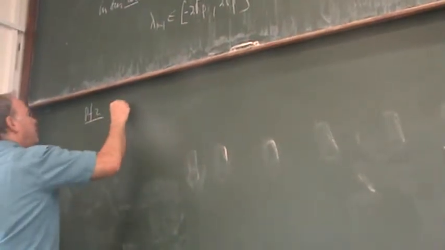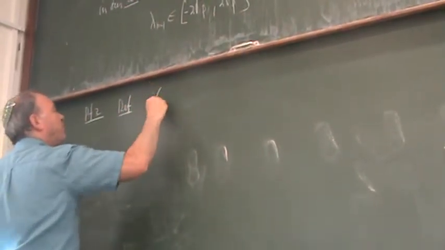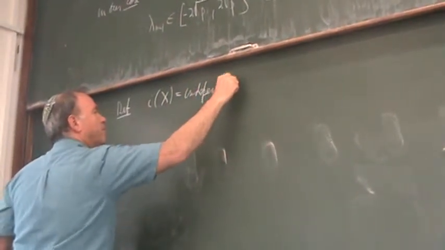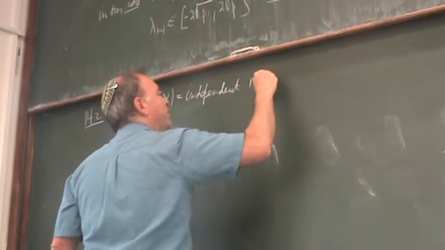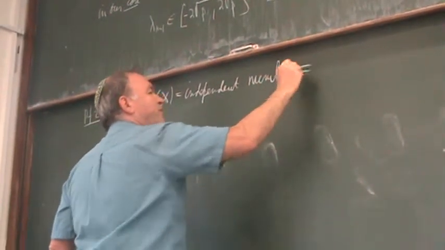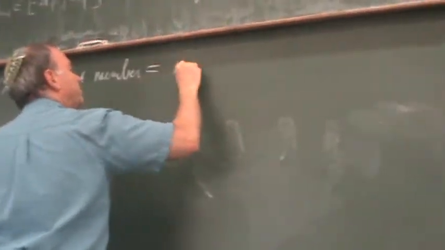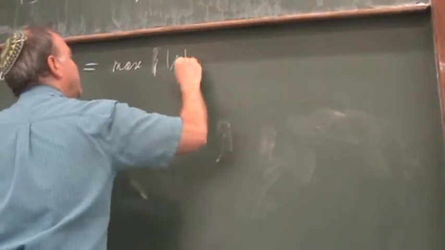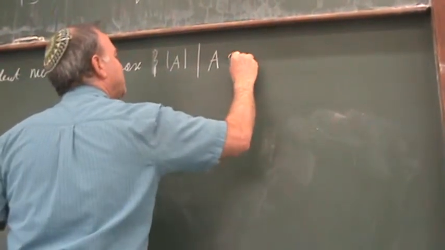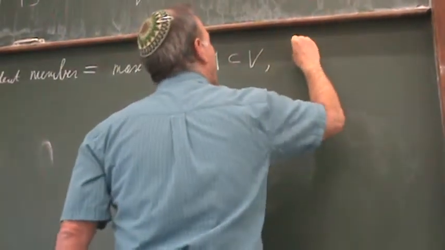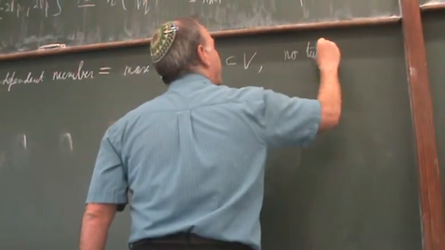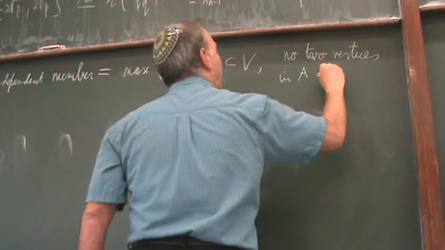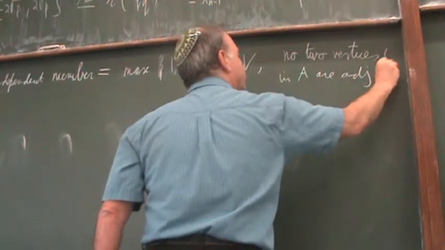Let's define I of X, the independent number of a graph, which is equal to the maximum size of a set A, where A is a subset of V, such that no two vertices in A are adjacent to each other.